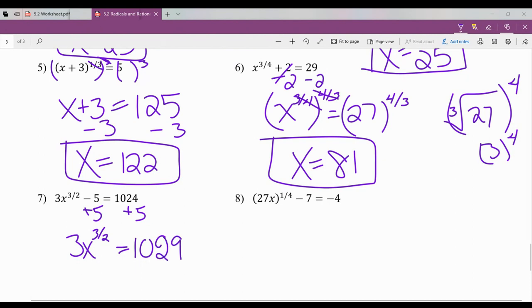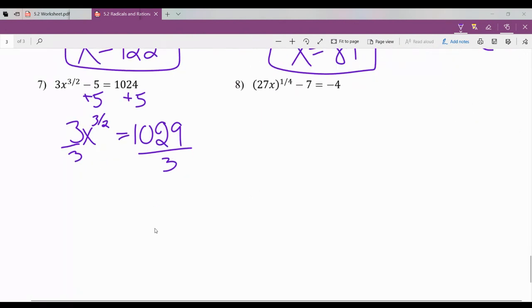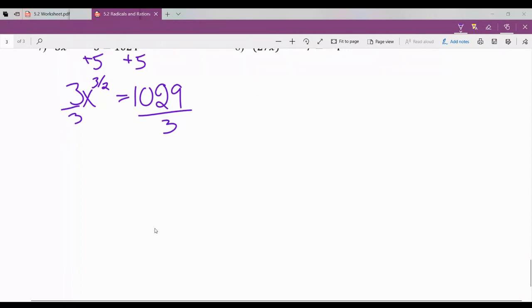Then I divide by 3. 1,029 divided by 3, and we get x to the 3/2 equals 343.